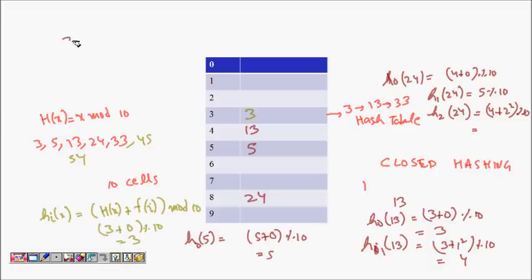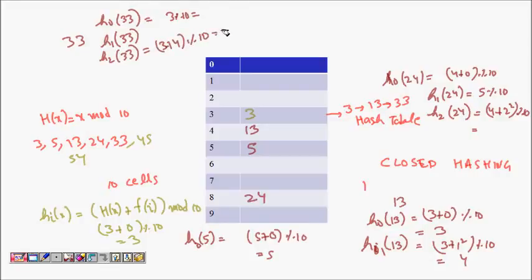Then 33. h_0(33) is 3 plus 0 mod 10, so it's 3, but there is a collision. h_1(33) is 3 plus 1, which is 4, and 4 is occupied. So h_2(33) is 3 plus 2 squared, which is 7. 7 is still empty, so 33 will come here.